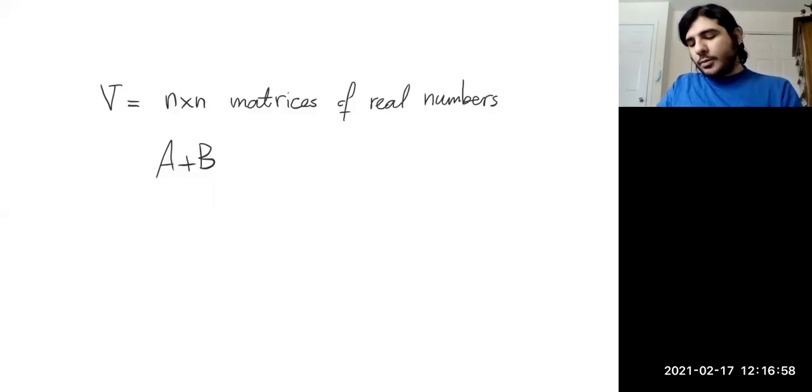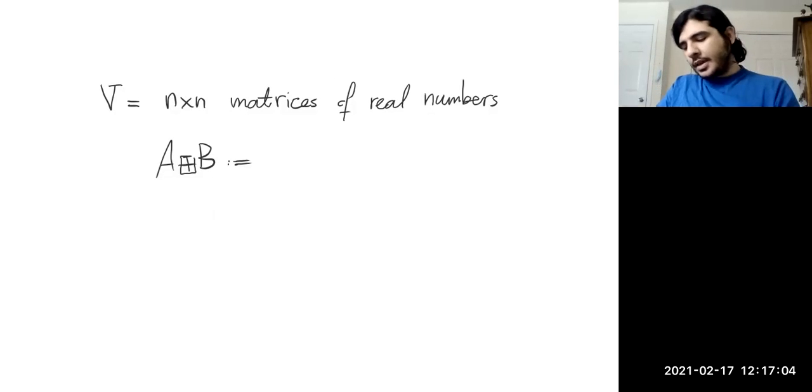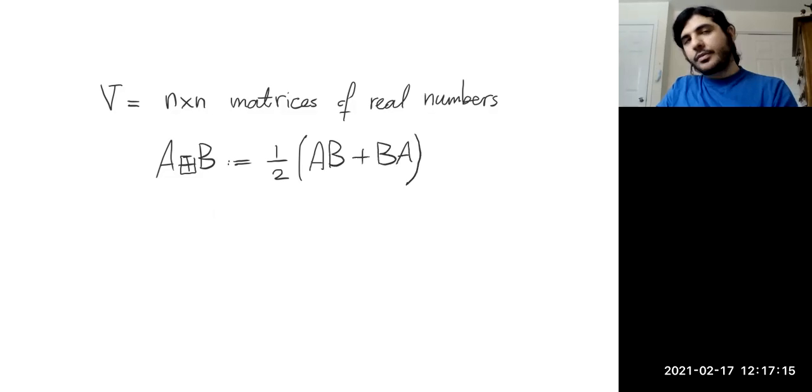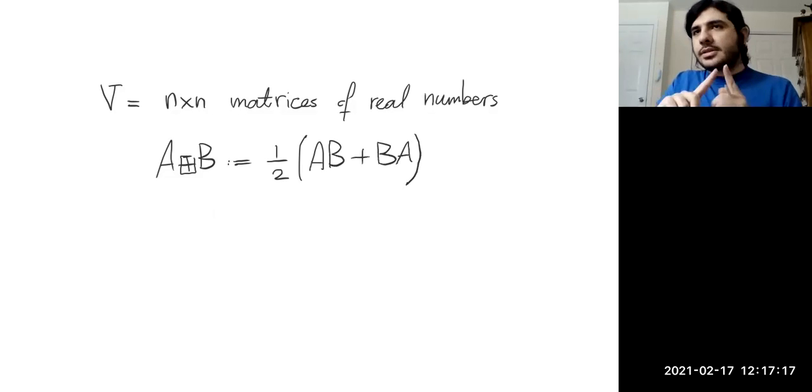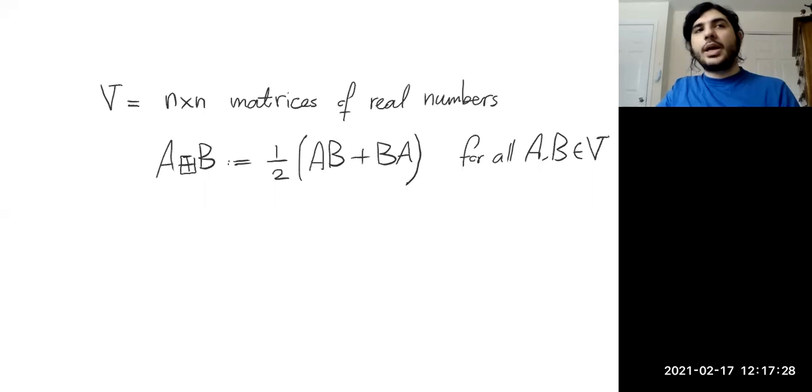Now, again, what I want to do here is define a new addition, which is not the usual one. I would define this addition a plus b to be 1/2 of (a times b plus b times a), where times is just the ordinary multiplication of matrices, for all a and b n by n matrices.